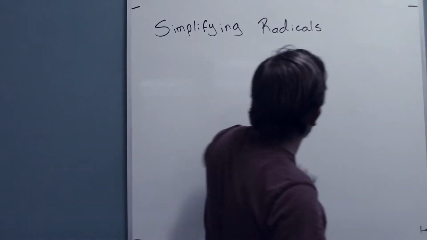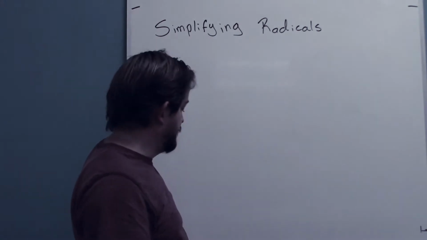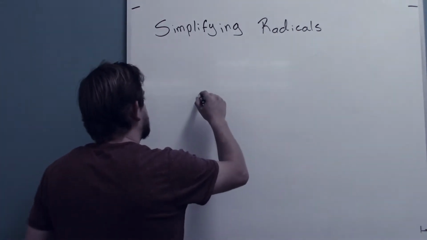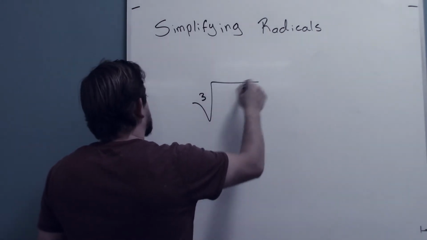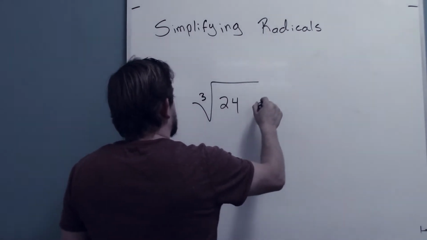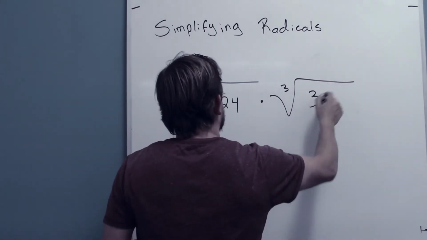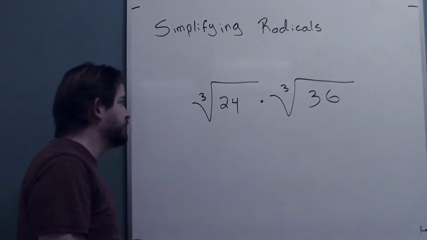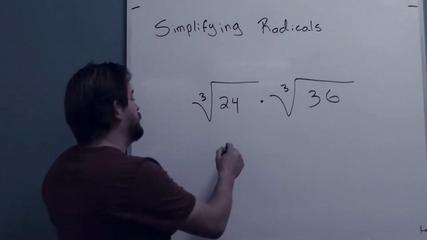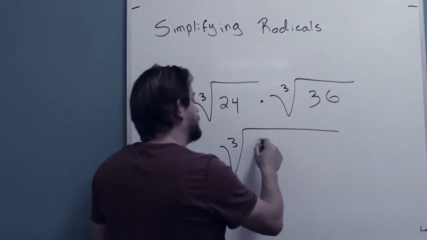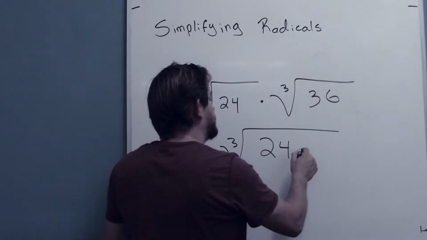Sometimes we can simplify some of our factors out of a root. So for example, if I had, say, the cube root of 24 multiplied by, let's say, the cube root of 36, well, I can call this the cube root of the product of 24 and 36, and it may not always be advantageous to actually multiply these together.